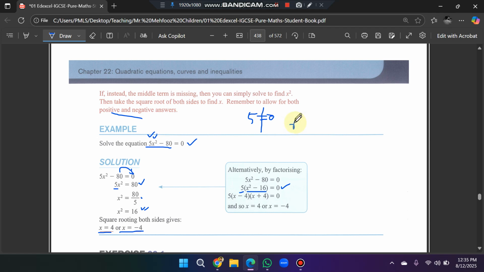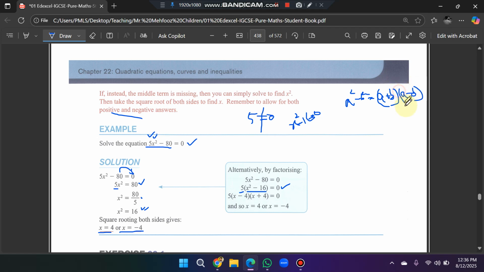So it means that x square minus 16 is equal to 0. Here we can also use the formula a square minus b square is equal to a plus b and a minus b, right?